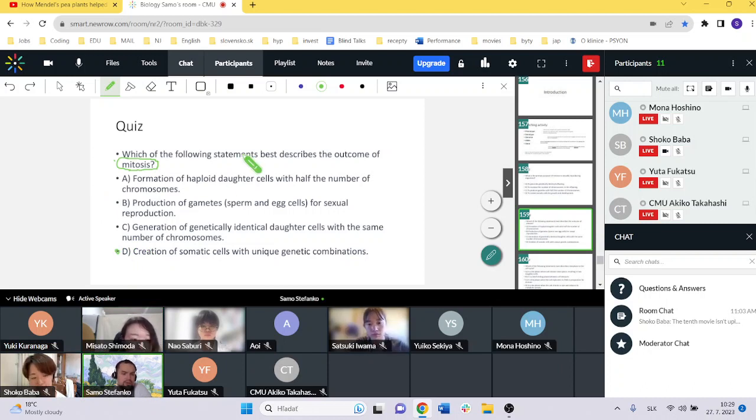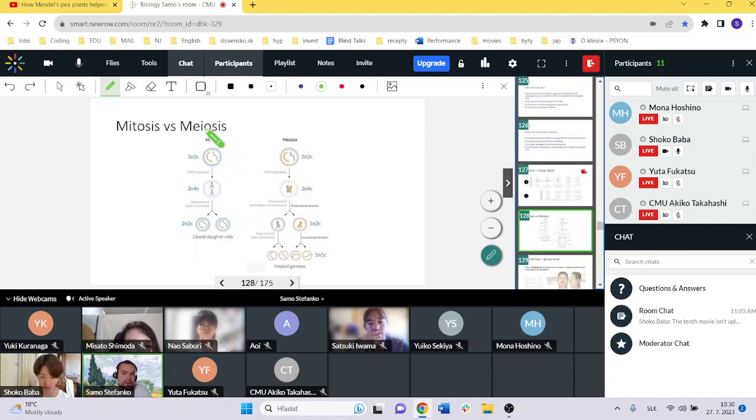What's wrong with A, guys? Formation of haploid daughter cells with half the number of chromosomes. If we are talking about mitosis, what doesn't fit, in your opinion? Half the number of chromosomes is incorrect. Perfect, exactly. Because if we remember, and I will show the picture, the outcome of mitosis is two identical daughter cells.